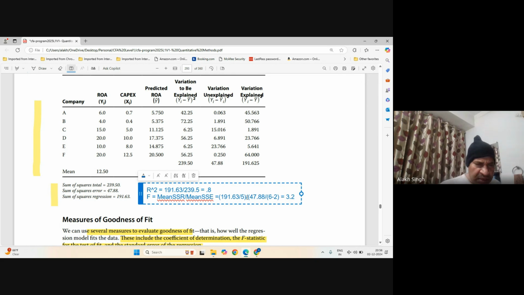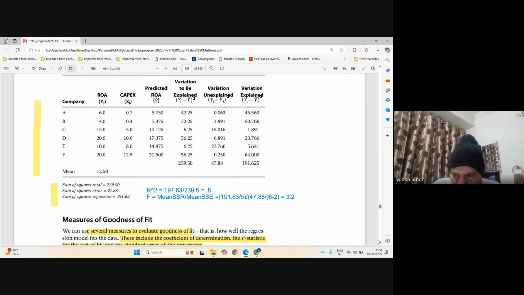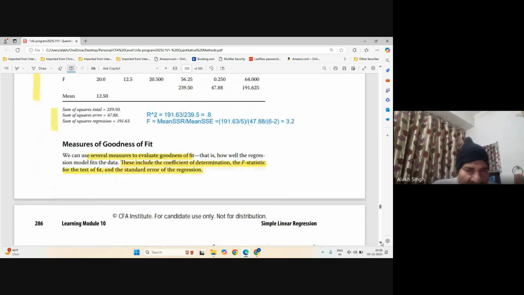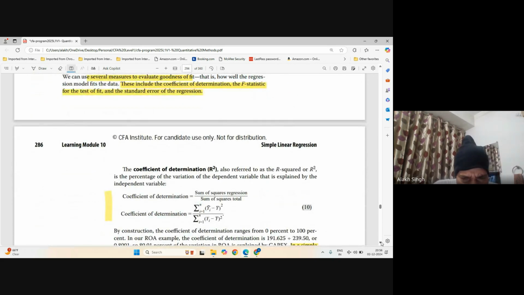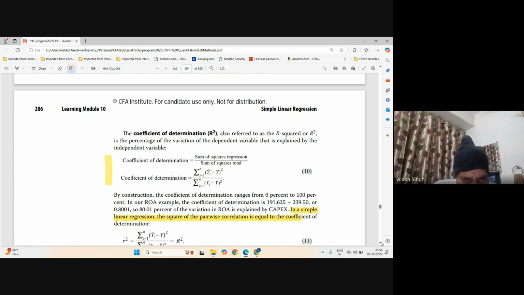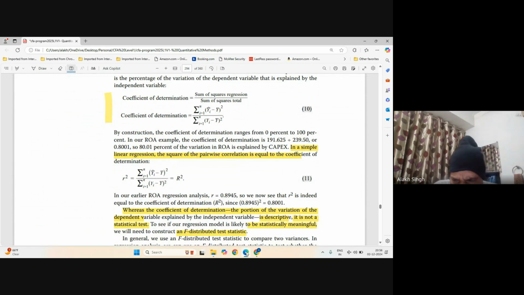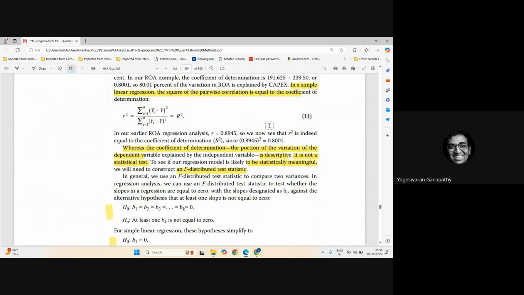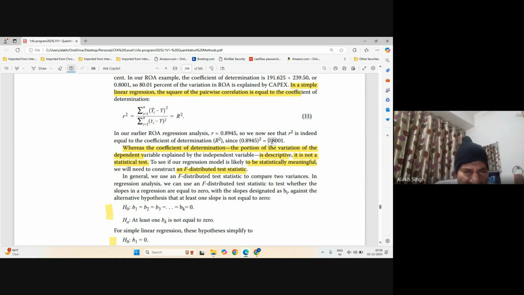We will see if we calculated correctly or not. R square is a measure of goodness of fit. If the test passes the F test, that is another measure of goodness of fit. We calculated the coefficient of determination R square, and it is 0.8.